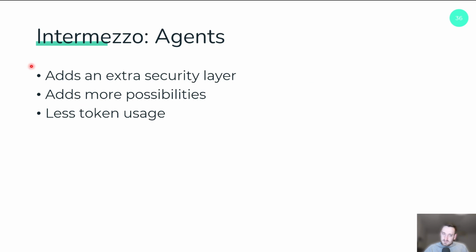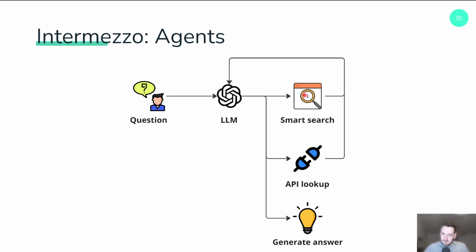And there are some advantages of this. It adds a layer of security, meaning that if the user, for example, does something that is not in any of these things, you could block it off. You could also add a tool for bad things, a kind of bin where you say, all right, if it is not any of these things, just always answer with, I'm sorry, I cannot help you with that.